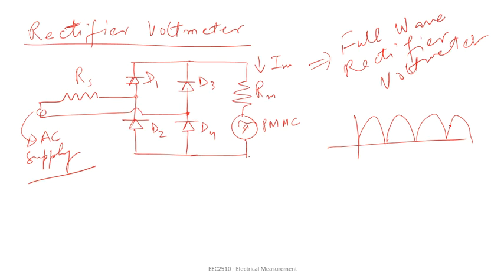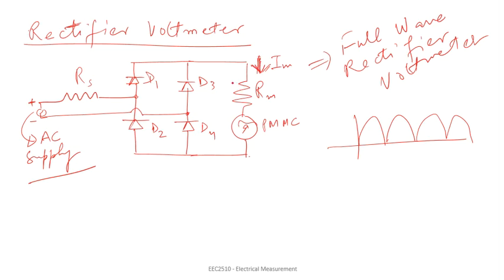And these four diodes are there, D1, D2, D3 and D4. You can see that when the input is positive here, obviously this is the AC quantity, so after every half cycle the polarity will change. In the positive cycle, that is when the input is positive, the diodes D1 and D4 will conduct, which will cause the current to flow through the meter from top to bottom, that is in this direction which is indicated here.